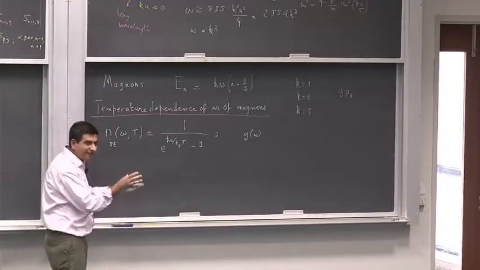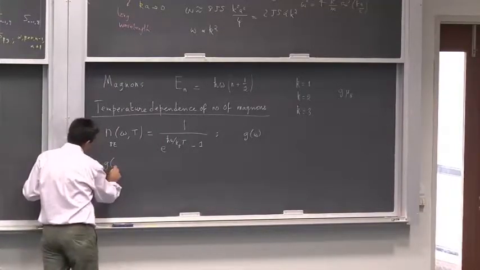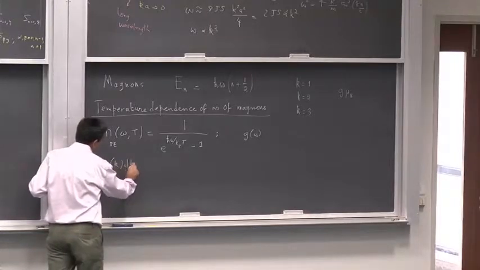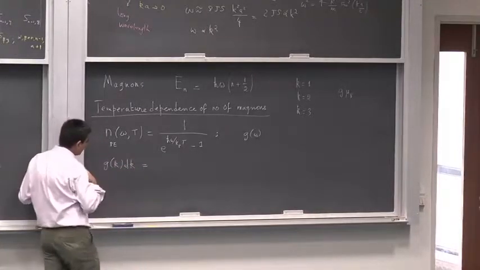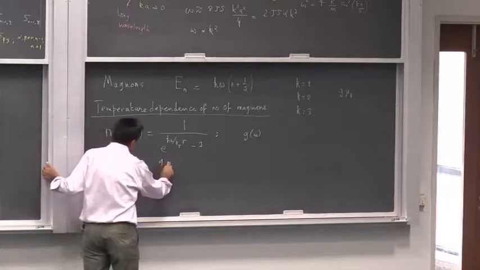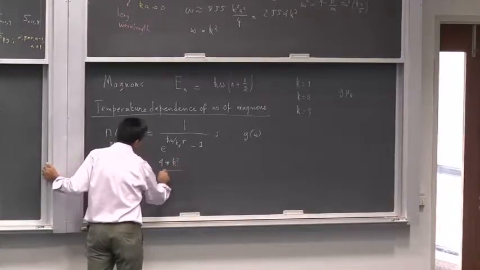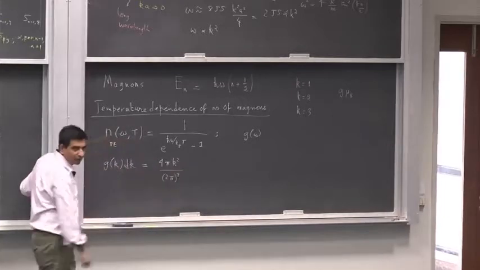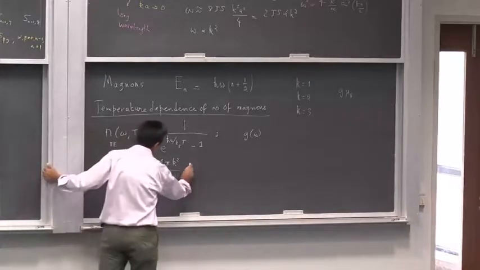Now we know for 3D systems that g(k) is 4 pi k square over 2 pi cube per unit volume, dk.